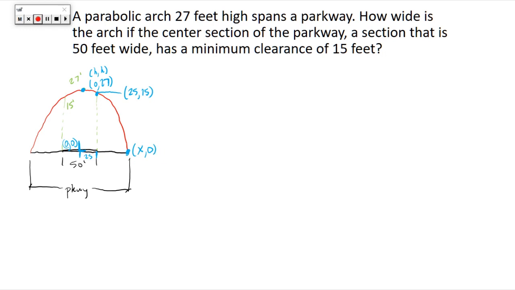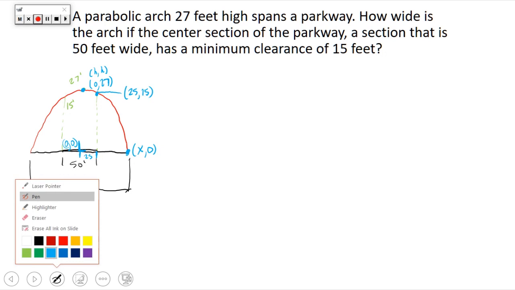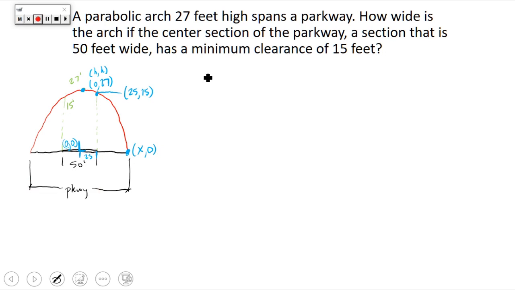Alright, so let's see what happens when we start messing with some stuff. Well, this is an upside down parabola, so in vertex form, the equation for a parabola that opens downwards would be this. Okay, now if we call this x and y, and this is h and k over here, we have a y, an x, an h, and a k.